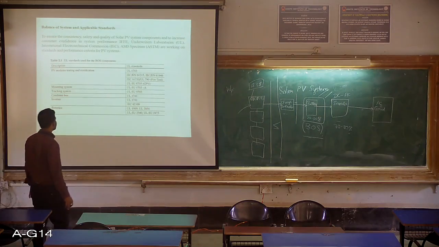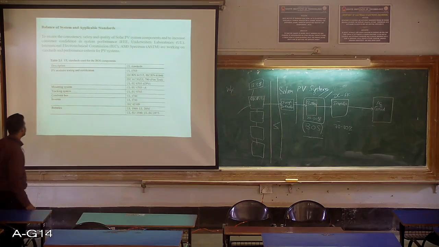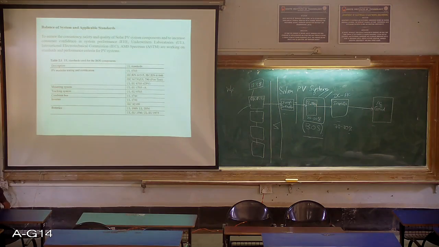For the tracking system we can use the standard UL 9703, for the combiner box we can use UL 1741, and for the inverter also we can use UL 1741 or IEC 62109, and for batteries UL 1989, UL 2054, UL 2580 or UL 1973.